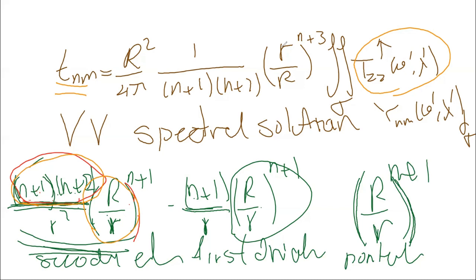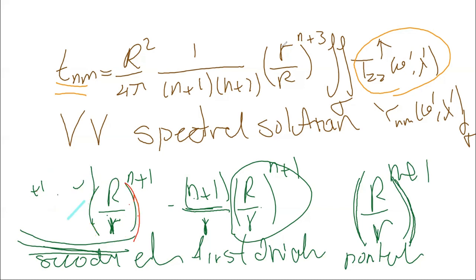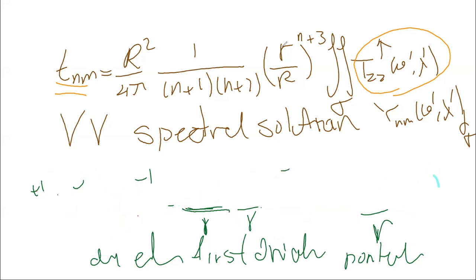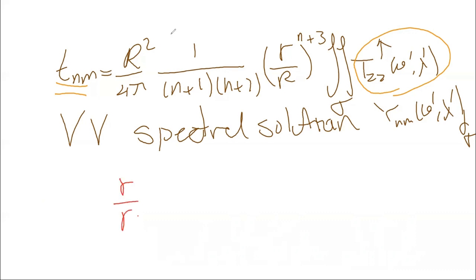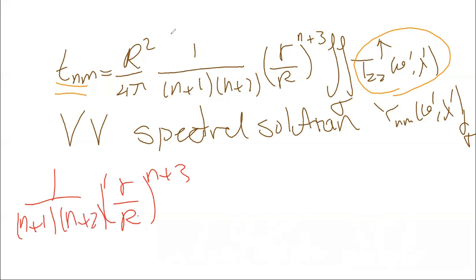And now let me go back to this spectral solution. As you can observe here, we have a downward continuation factor. Downward continuation factor is in fact (R over r)^(n+3). So small r is larger than R. This means that this ratio is larger than 1.